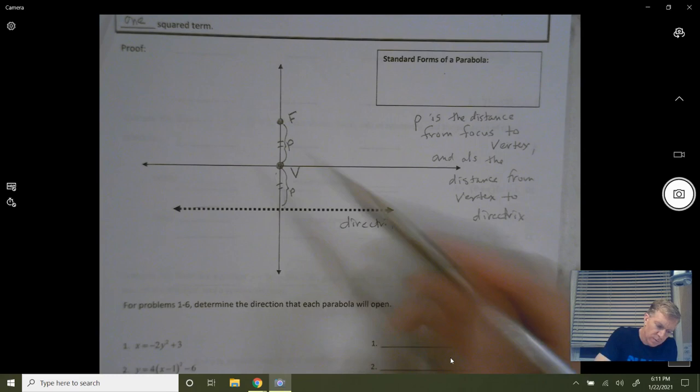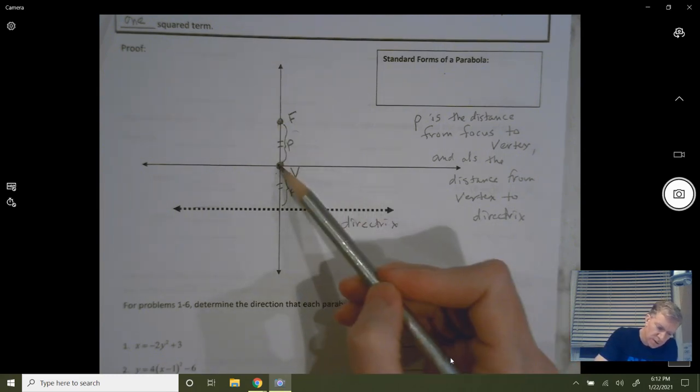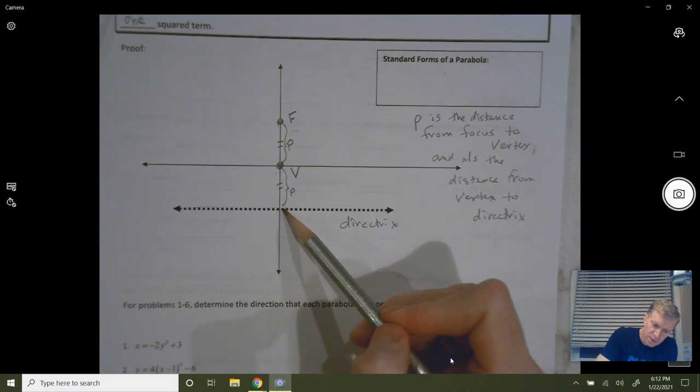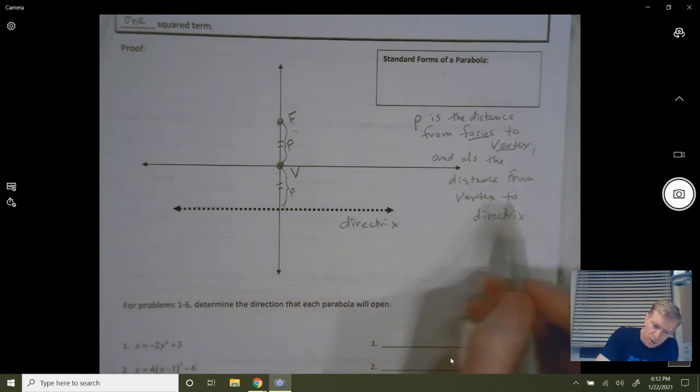So the distance from the focus to the vertex is P, and the distance from the vertex to the directrix is also P. So P is the distance focus to vertex, but also vertex to directrix. Okay.